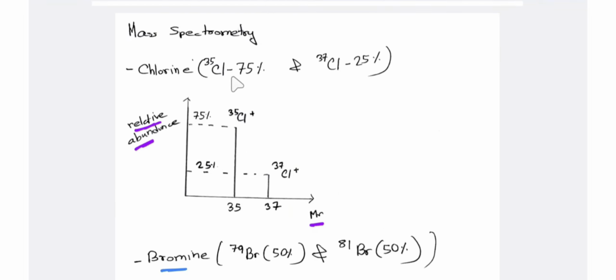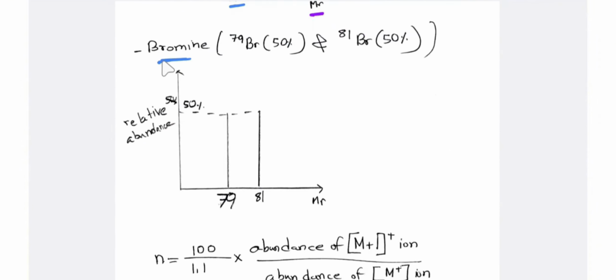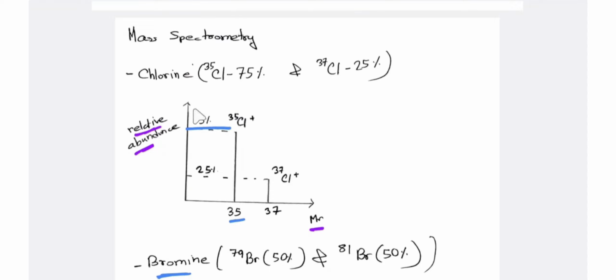Chlorine 35 exists as 75%, so this is the percentage and this is the m/z. So 35 is 75% and chlorine 37 exists as 25%.